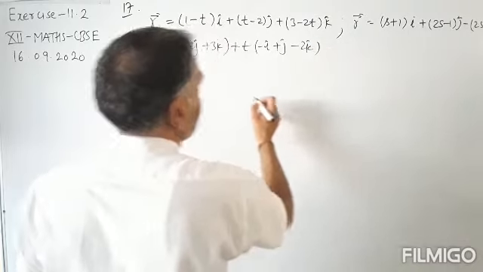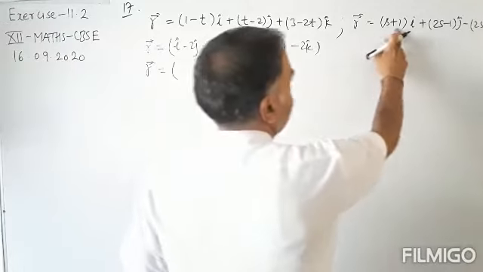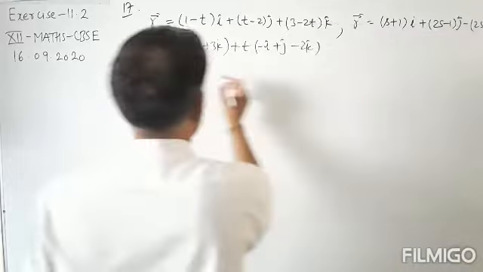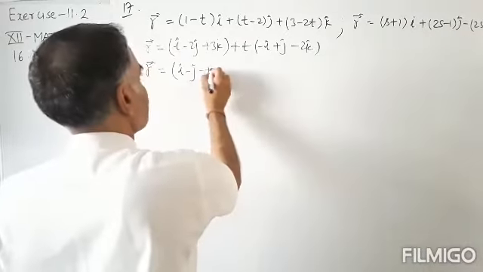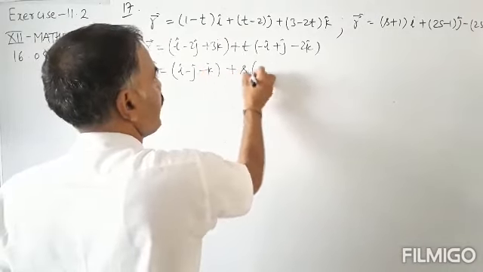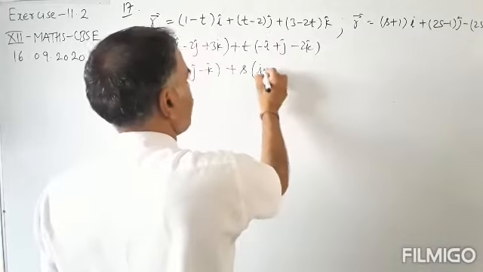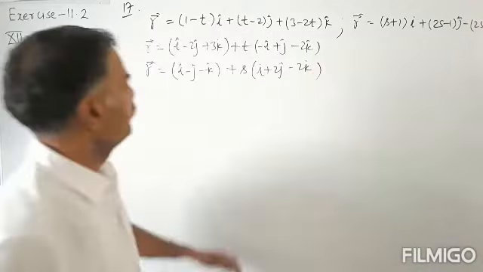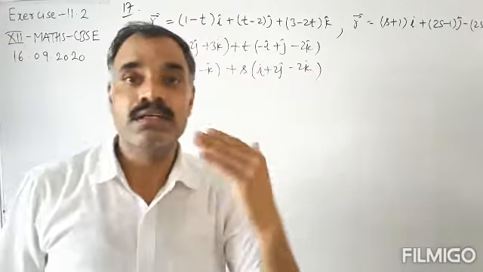This is the first line. And the second line, r vector equals i cap minus j cap minus k cap plus s times (i cap plus 2j cap minus 2k cap). So these are the given lines in standard form.